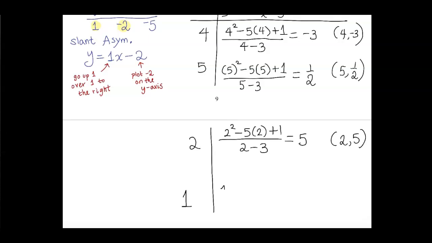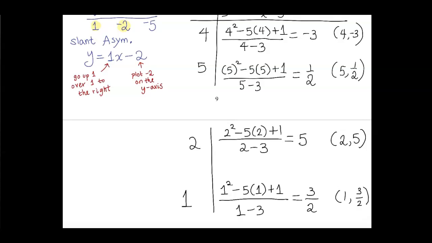But let's get this one too. 1 squared minus 5 times 1 plus 1. And if you're wondering, how are you picking these x values to plug in? I'm just randomly picking 2 numbers to the right and 2 numbers to the left of my vertical asymptote, okay? And that's what they wanted. So these are just completely random. And I got 3/2. So I will plot a point at 1, 3/2, which is 1.5.